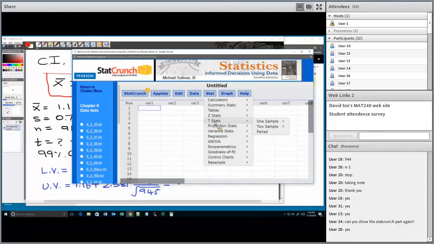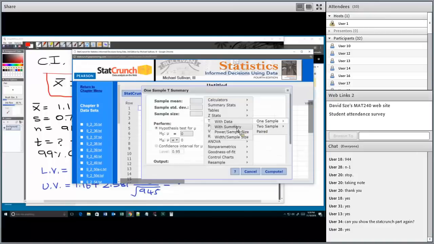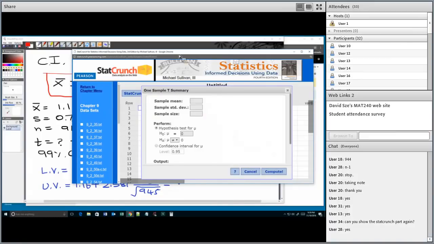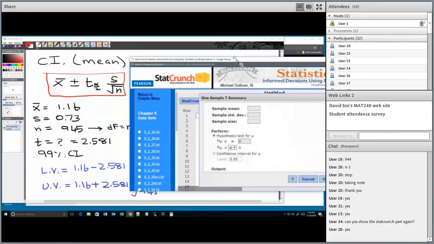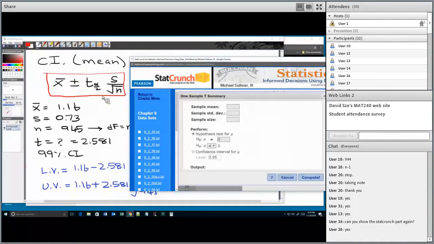So I'm going to use t-stat, one sample with summary. And the rest is very simple. You just plug in the values that are given to you. The mean is 1.16, standard deviation is 0.73, sample size is 945.